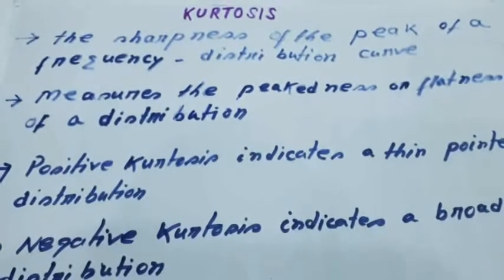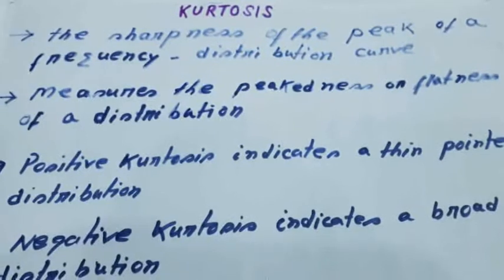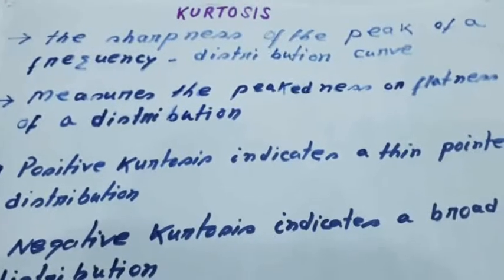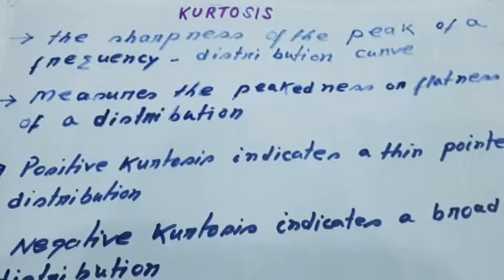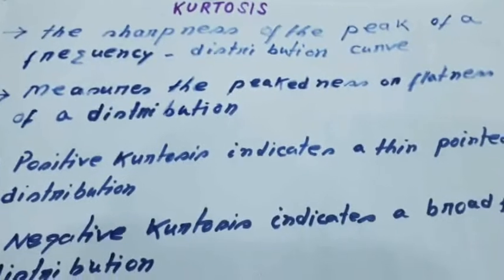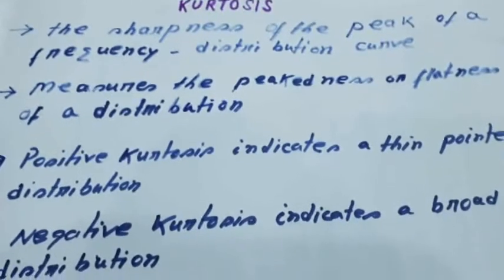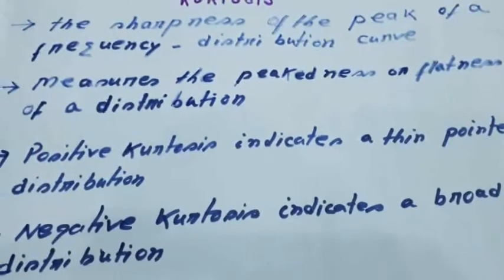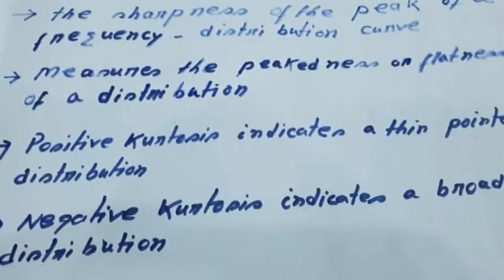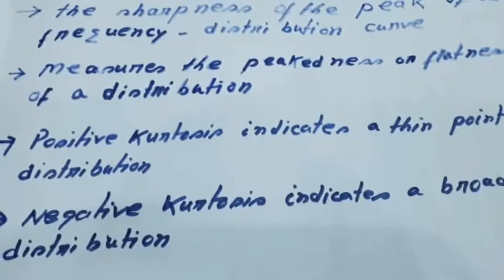It means from the measurement of kurtosis, we can say how the peak or how the flat of the distribution is. This kurtosis can be positive or can be negative.